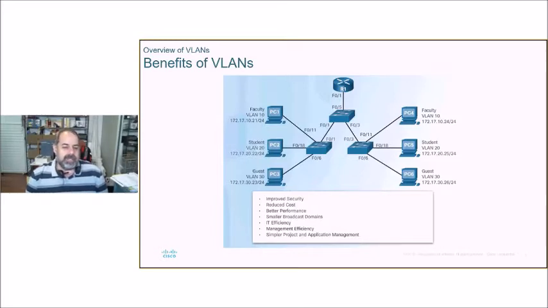But also when it comes to reduced cost, you can actually implement these extra subnets and the like without having to buy extra hardware, because you can do it all on the same switch, and so it can be much more efficient than having a switch for each different subnet.